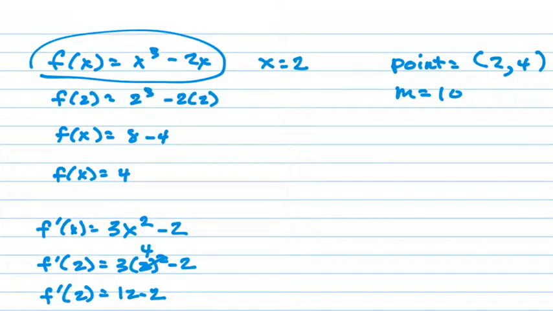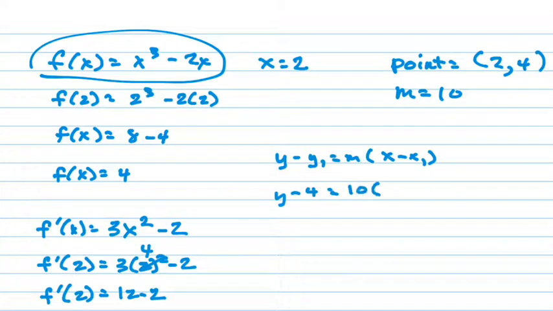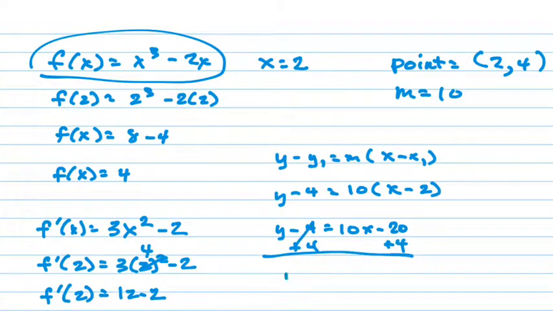Now, just substituting that into the formula. y minus 4 equals 10 times x minus 2. y minus 4 equals 10x minus 20. Add 4 to both sides to get the y by itself. Gives you y equals 10x minus 16.